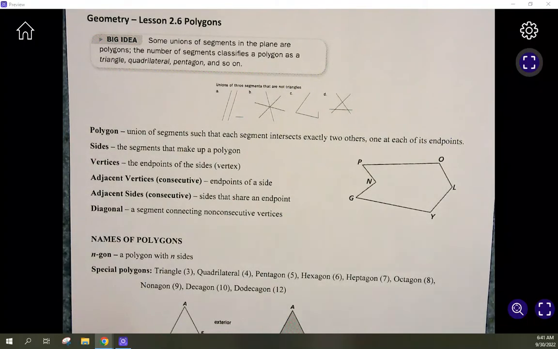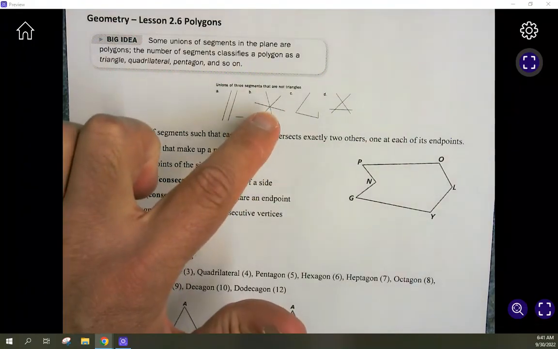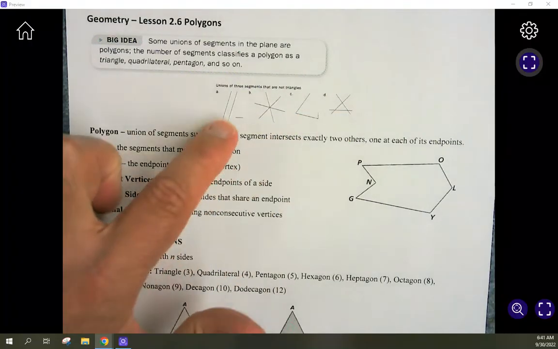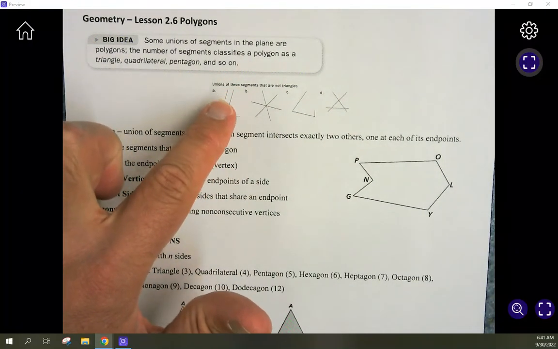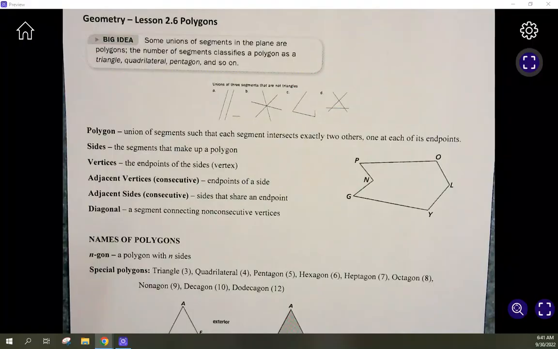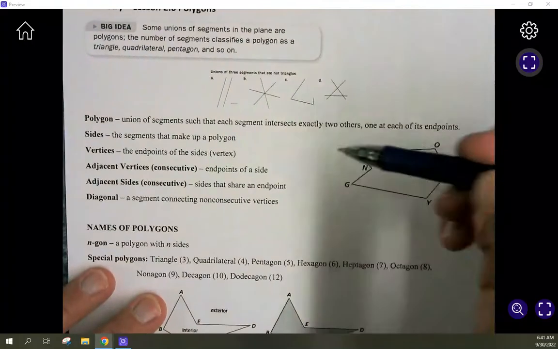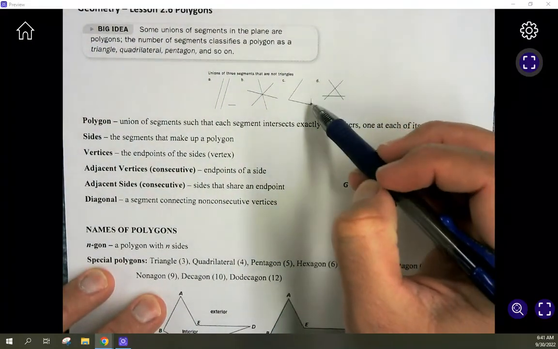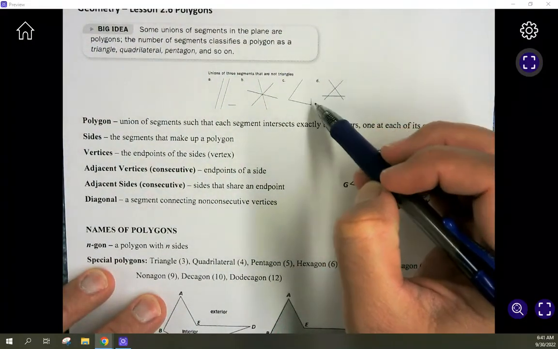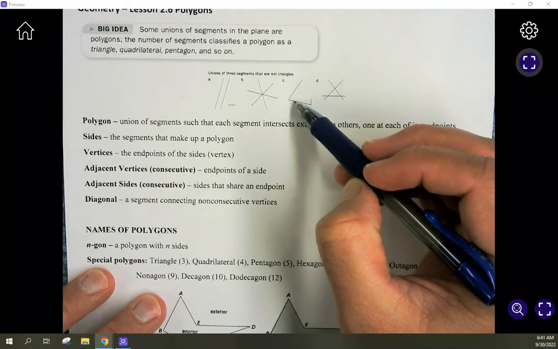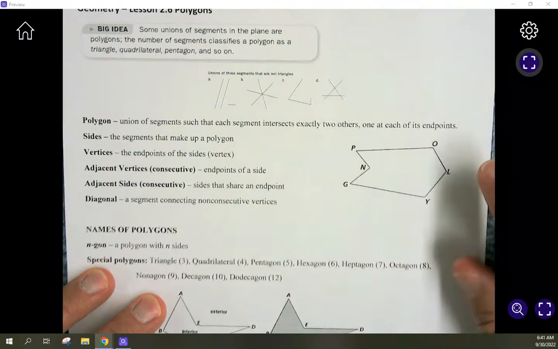You might say it's the union of three segments that are connected. Well, this one's connected, this one's connected, this one's connected. These aren't, okay? So we've improved on this one. You might say that they need to intersect at least two of them, because if you look at letter C, these extra lines out here aren't connected, so they only intersect one other segment.